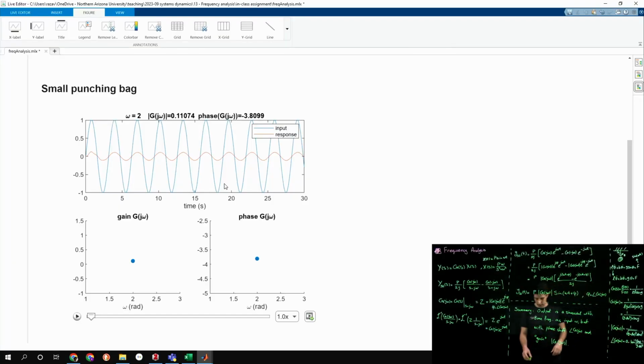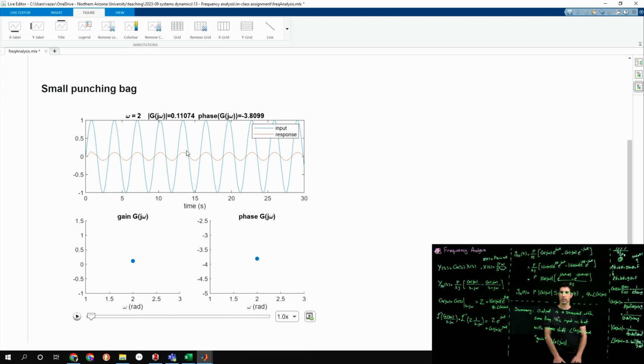So to see it more in action, I have simulated this. What I have here is I'm plotting the input, the sinusoid, and the response of the same system given a specific frequency. At this point omega equals 2, and I have calculated G of j omega equals 0.1. So input has amplitude 1 for simplicity.